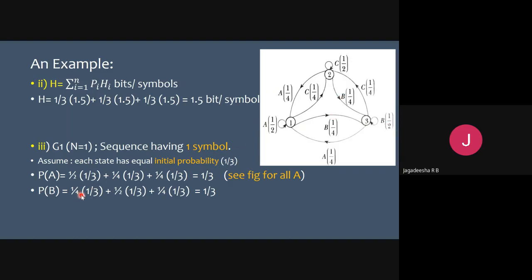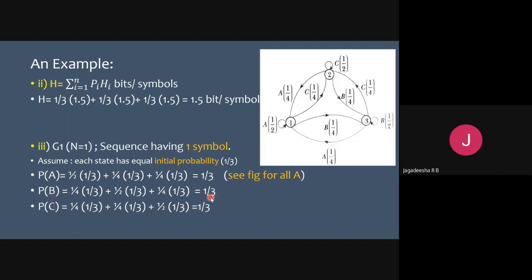Maybe this is for B, 1 by 2, and this is for C, 1 by 4. For C, where is C? 1 by 4. Yes, here. Going to third state, 1 by 4. And these are the probabilities that the state is the initial state. So again, we get the answer here.